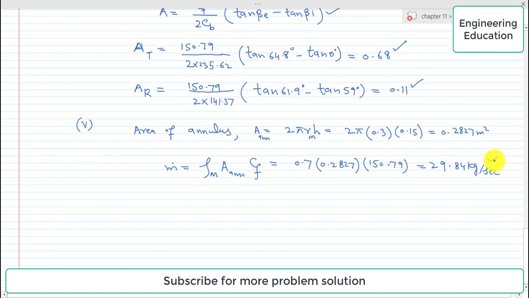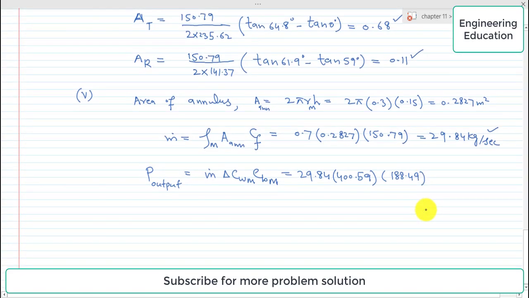Now we can easily find the power output. For that, we have the expression m dot into delta CWM into CBM. So m dot is 29.84, delta CWM is 400.59 meter per second, into CBM is 188.49 meter per second.